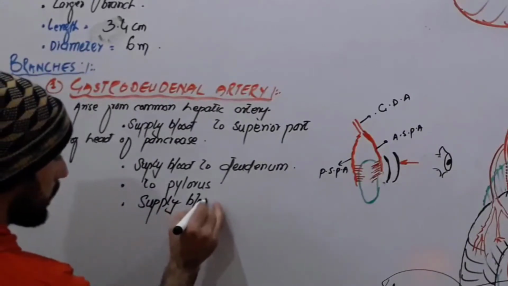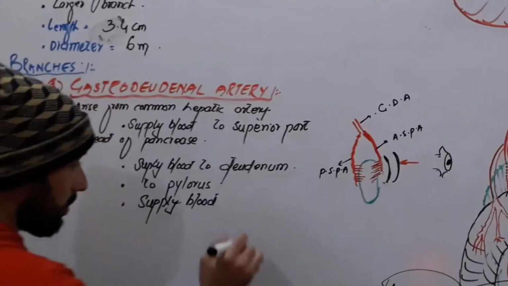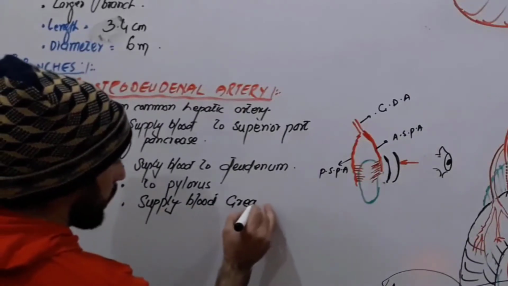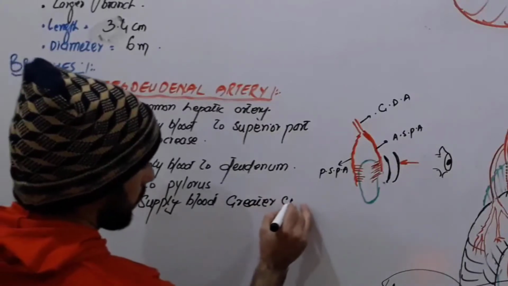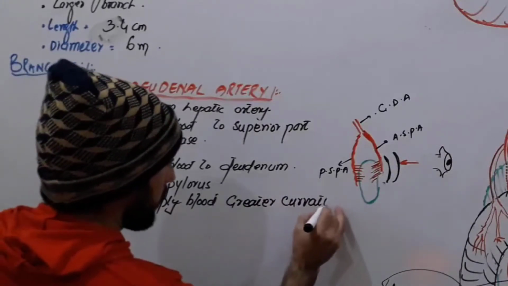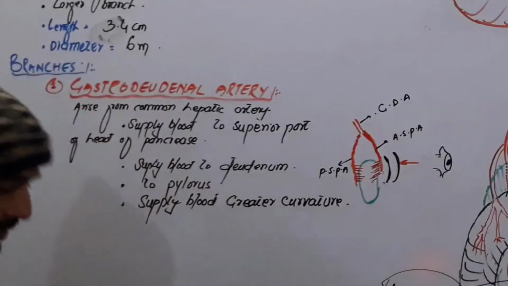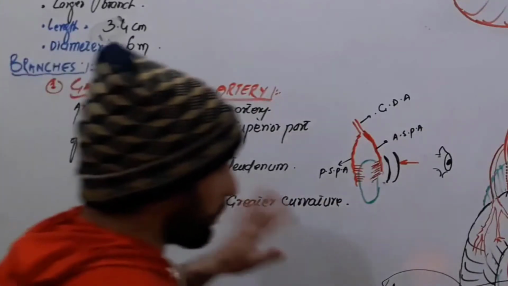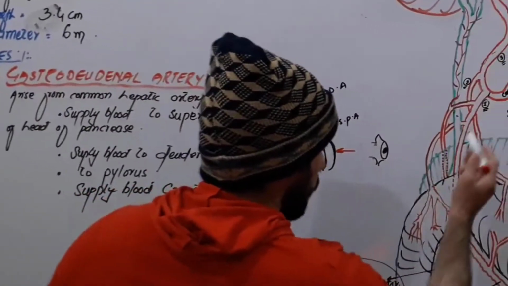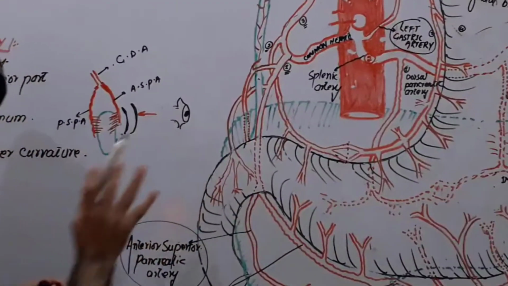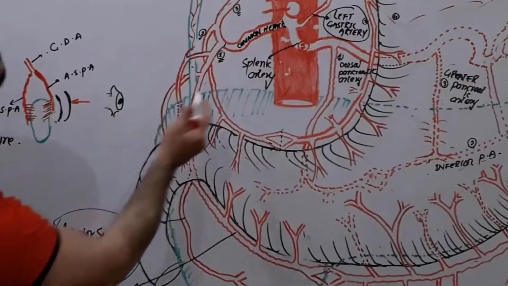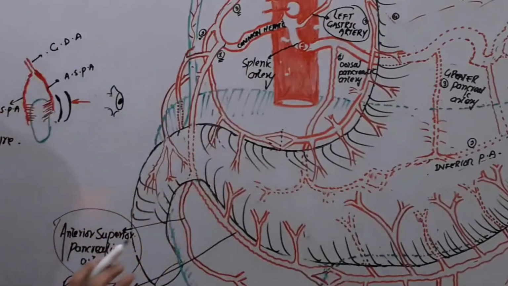Not all of the greater curvature, but some parts of it. It supplies blood to the greater curvature of the stomach, right friends? So let's write its branches first of all. What I told you, look carefully. I'm stressing, I am trying to focus you all so that you should not forget these branches.